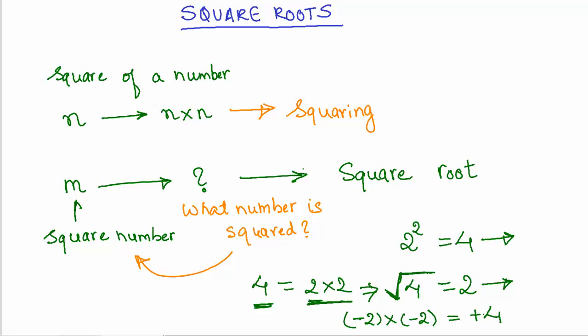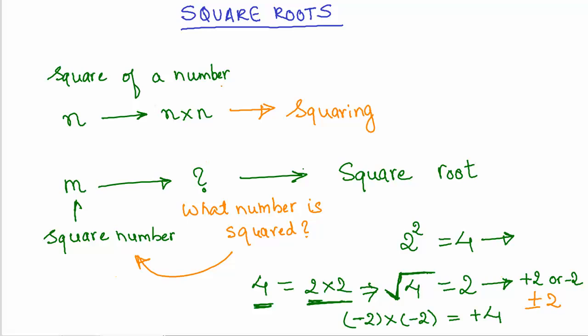This brings us to an important observation about finding the square root of a number. If I were to find the square root of 4, it could be either a positive 2, or it could also be a -2, right? So for short, we usually write it as plus or minus 2.